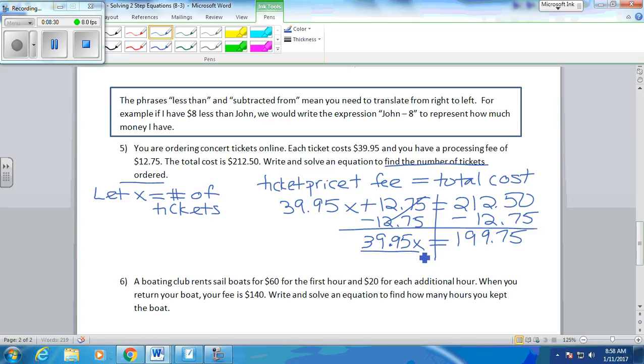And then divide both sides by the $39.95. And I will get an answer of 5. I can purchase 5 tickets. You want to kind of go back to what your let statement was, and my let statement said that we were trying to find the number of tickets, so that's what I'm looking for here.